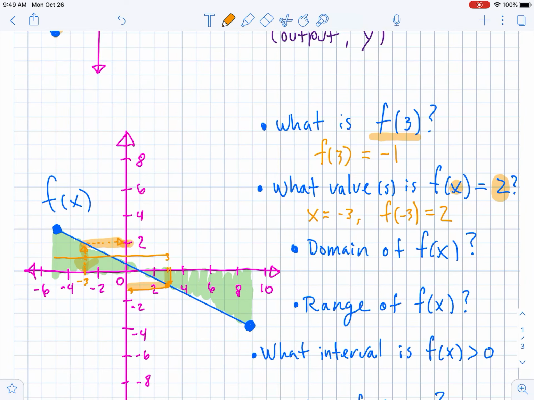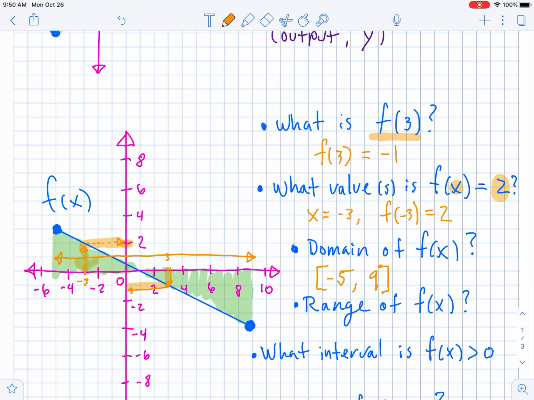So this distance from here all the way over to here is the domain of the function. So the domain in interval notation is going to be a bracket because it includes -5 and goes all the way up to +9.